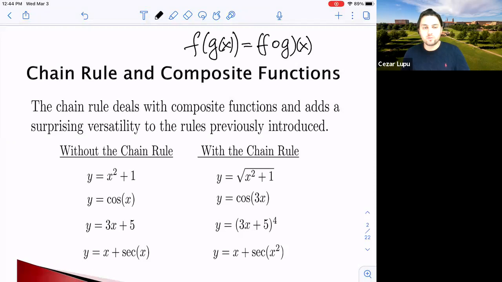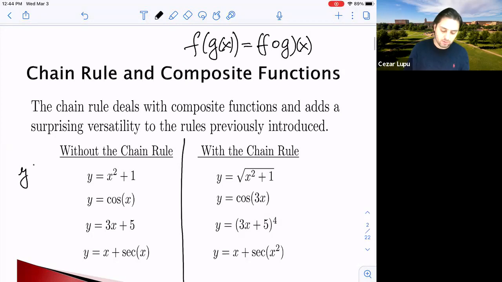So the chain rule deals with composite functions and adds a surprising versatility to the rules previously introduced. Look at the first one here, without the chain rule, y of x. Keep in mind that this y here is a function of x.